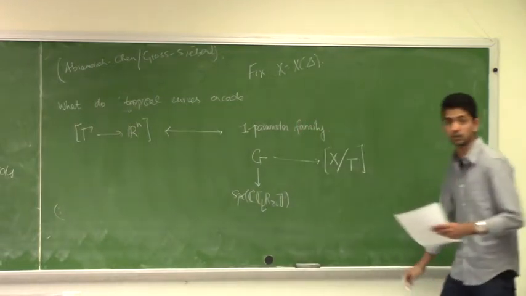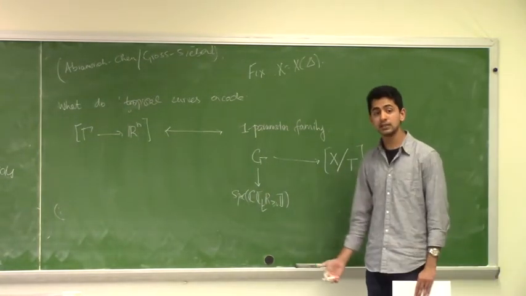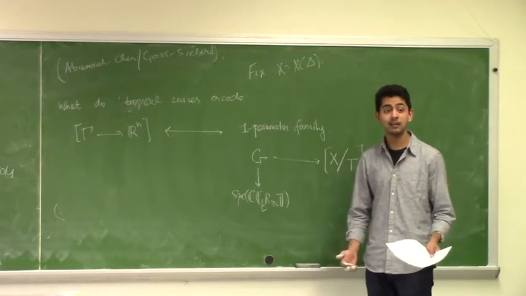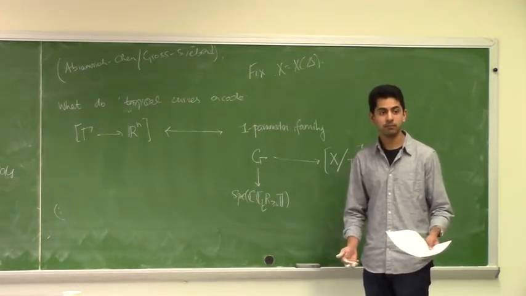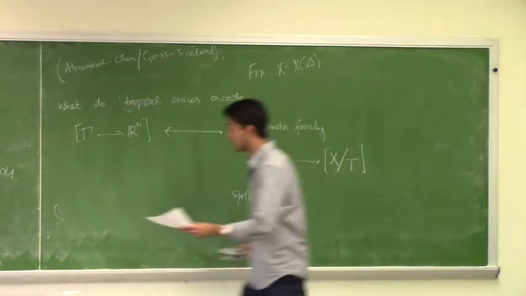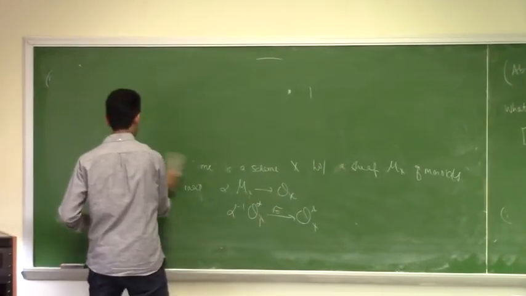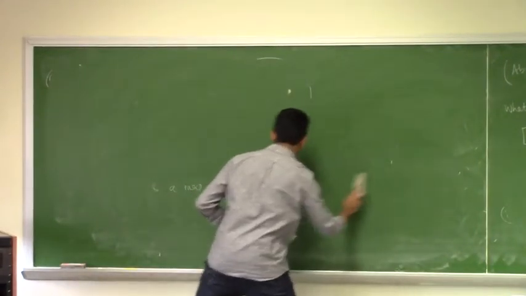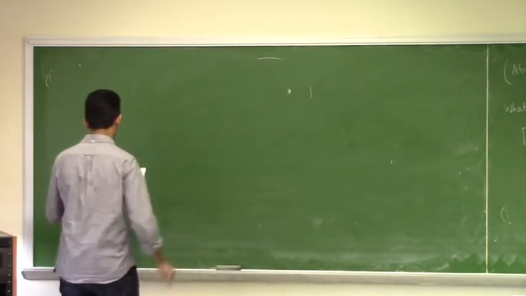You can't map to X for the same reason that the virtual fundamental class is a thing in Gromov-Witten theory. Because there are families of logarithmic stable maps that have higher dimensional obstruction spaces than you expect, and there are families of tropical stable maps that have higher dimensional tropical obstruction spaces than you'd expect, but they match up rather beautifully. Okay, so theorem.